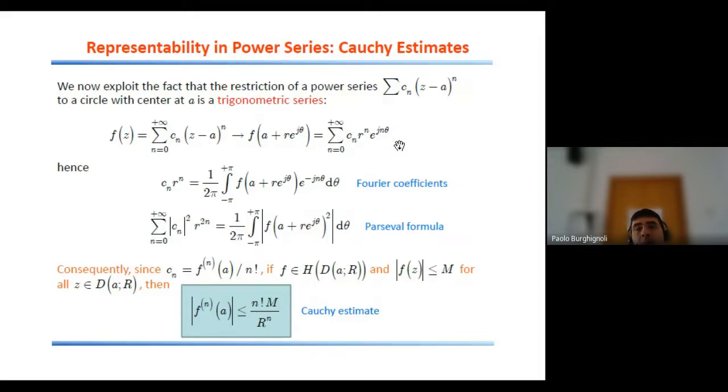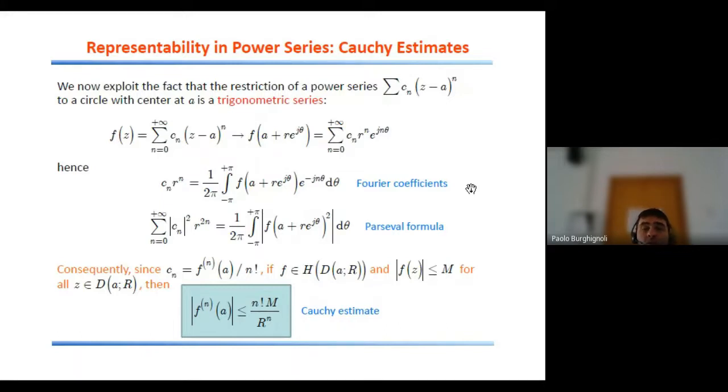Now you can recover those coefficients of the Fourier series from the theory of Fourier series by evaluating this real integral: 1 divided by 2 pi times the integral from minus pi to plus pi of the function f evaluated along the circle times the reciprocal of the exponential e to j n theta, so e to minus j n theta, with respect to theta. Those are the Fourier coefficients.